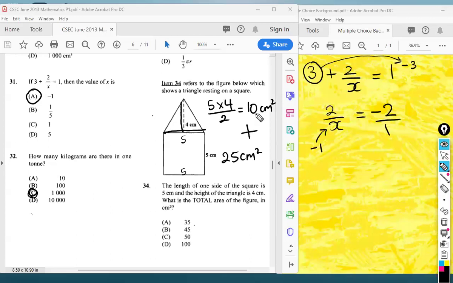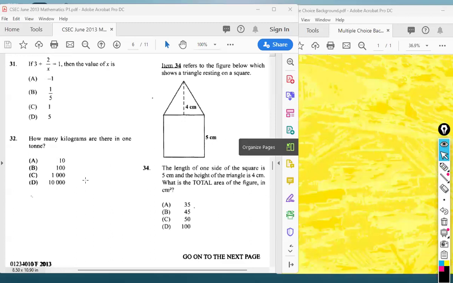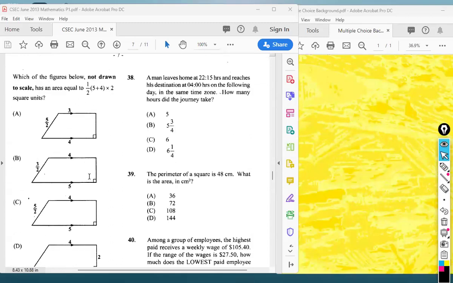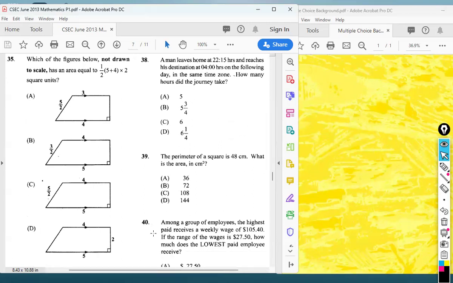To get the total area, you add both of them. 10 plus 25 is 35. I'm not going to spend too much time on that one as we did that question already. Oh, number 35. Yes, we got number 35. So 35, 38, and 39.